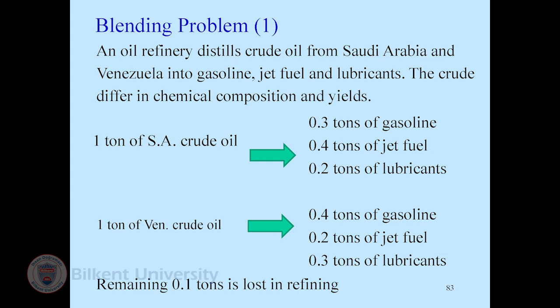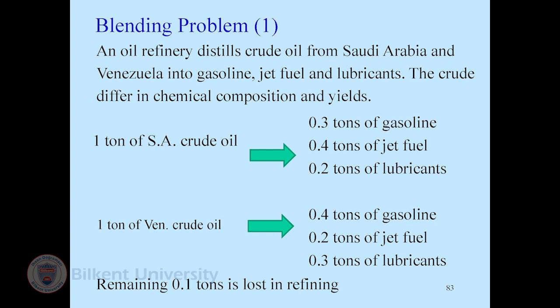So these are the yields of Saudi Arabia crude oil. If I'm using Venezuela oil, the percentages are different. This time I'm getting more gasoline, less jet fuel, a lot of lubricants. Okay. In each type, I'm losing 0.1 tons for refining operations. Okay? Clear up until now.